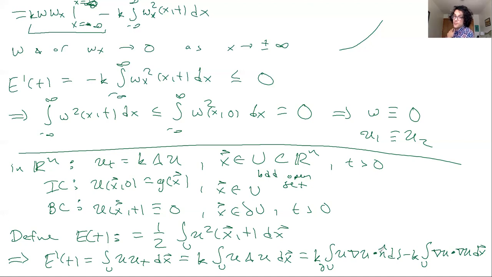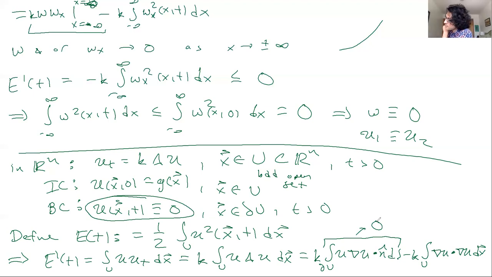The integration by parts formula gives us this flux term, and then the integrated by parts term, which is the gradients of u dotted with one another. Now, what do we know about this term? Well, if we look, we have that u is 0 on the boundary. So this whole thing just goes to 0.